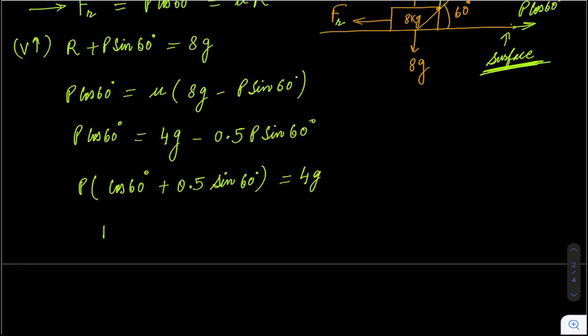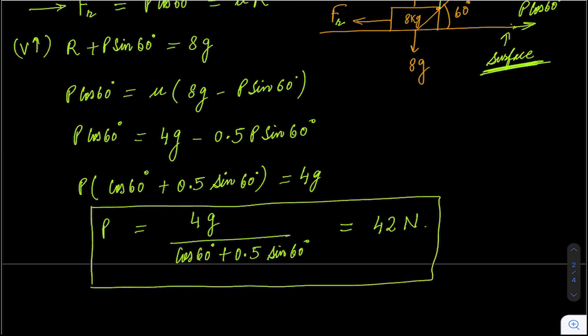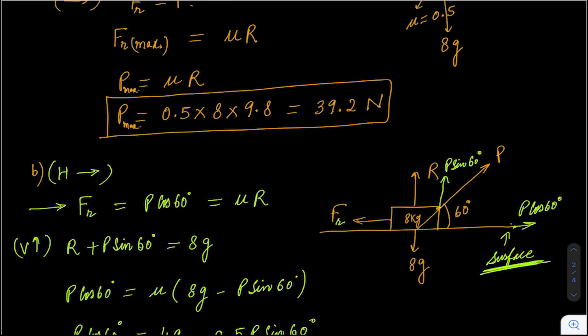So my P value is coming out to be 4g divided by (cos of 60 degrees plus 0.5 sin of 60 degrees). Let's substitute the values. This will come out to be approximately 42 newtons. So this is my force P. So that's my answer. I hope it's clear.